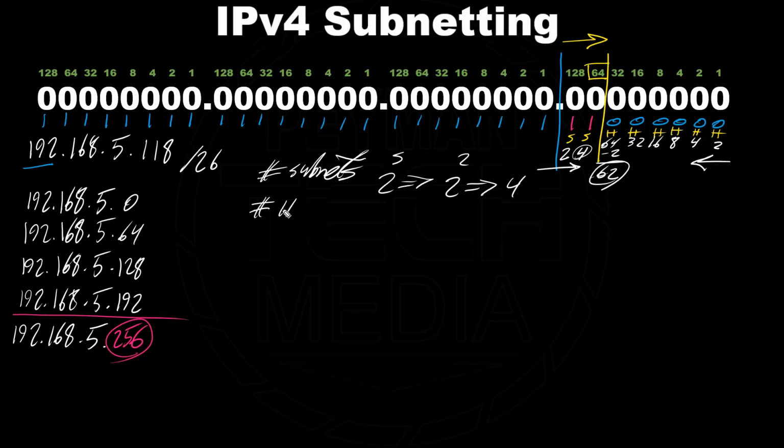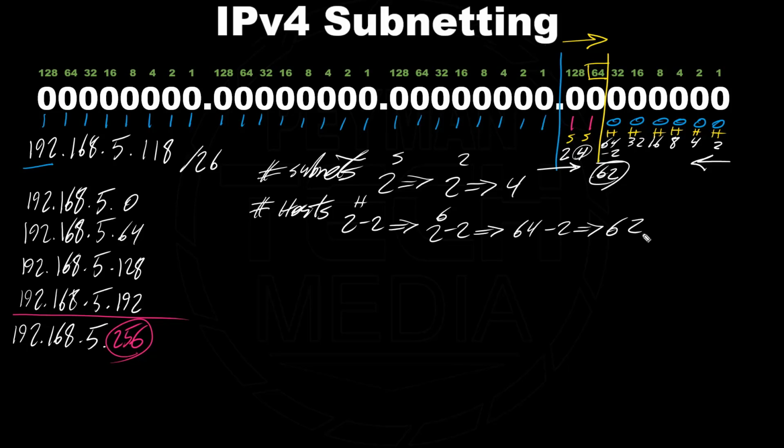The number of hosts, we have 2 to the power of host bits minus 2. So how many host bits? 1, 2, 3, 4, 5, 6 host bits. Zeros representing the host bits. 2 to the power of 6 minus 2, which is 64 minus 2, and it is 62.